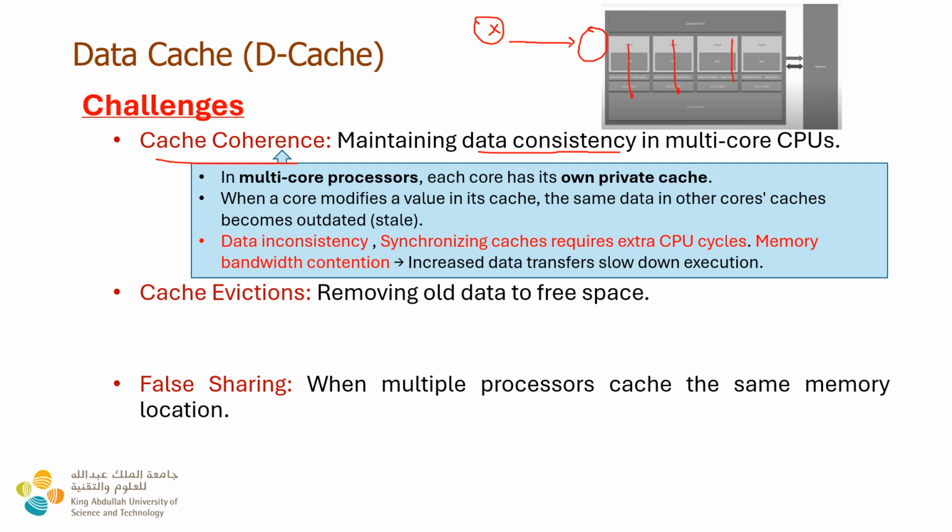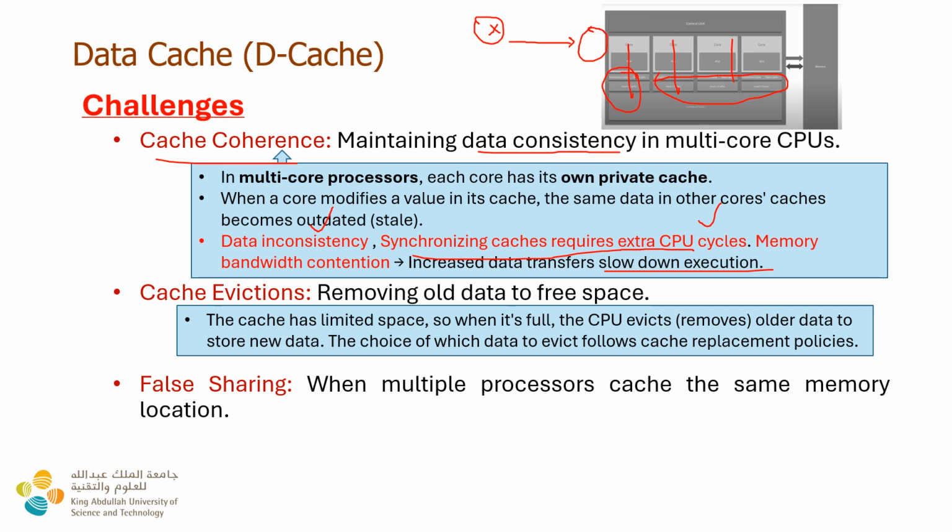Each core has its own private cache. When one core modifies its data, the data in other caches becomes outdated. This causes data inconsistency, and we need synchronization mechanisms which need extra CPU time. This is a challenge, and synchronizing and sharing these updates also takes memory bandwidth, which slows down efficiency.